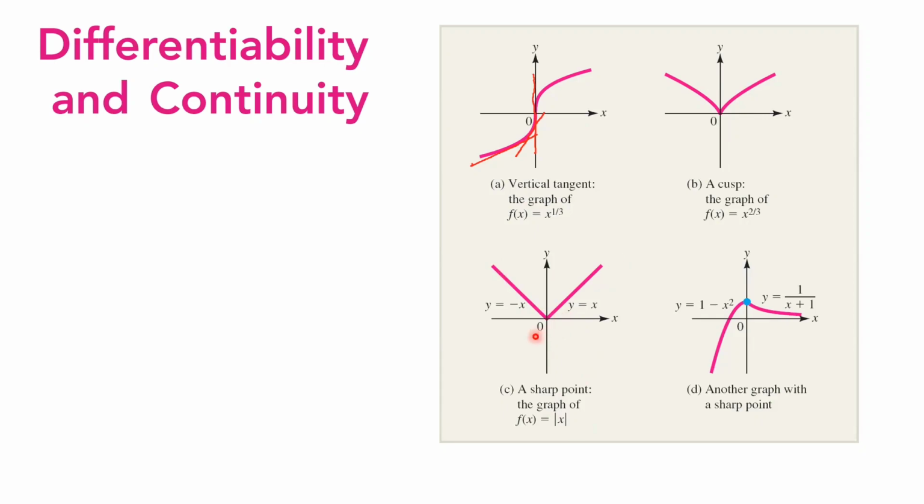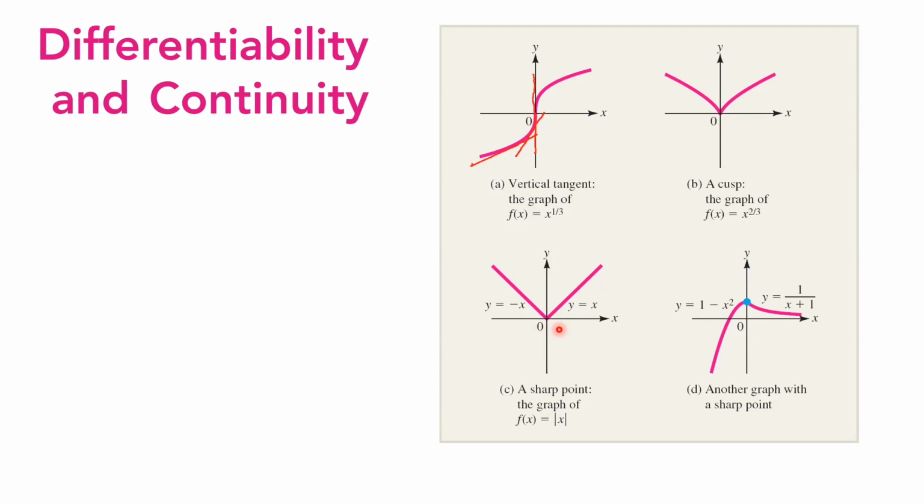In its own right, this function is continuous, but the question is, is it differentiable at x equals 0? As x approaches 0 from the left, you will notice that the tangent lines all have the same slope of negative 1. On the other hand, the tangent lines to the right of 0 all have slopes equal to 1.